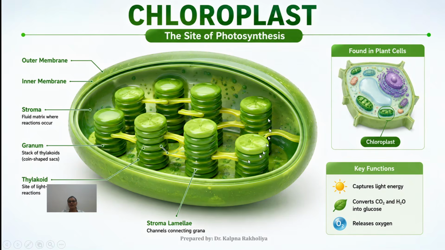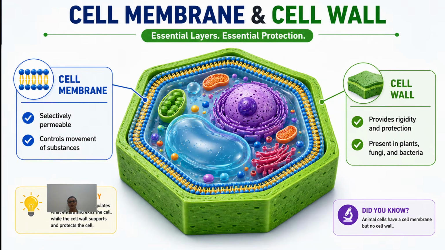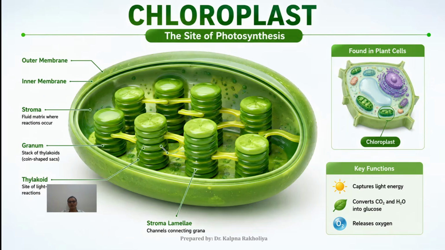So what is the function of the chloroplast? Chloroplast captures the light energy. The plant uses carbon dioxide as well as water, and converts them into glucose. That glucose is necessary for our cell survival, and the chloroplast releases oxygen. Right. So this is the whole thing about the chloroplast.